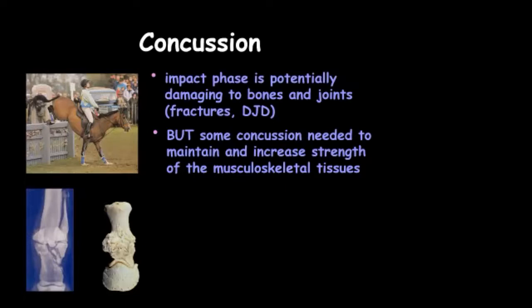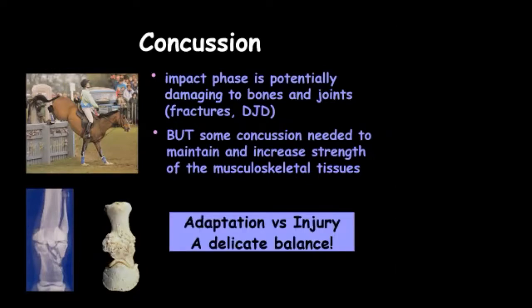And then the other photo here is a sport horse with a huge ring bone in the proximal interphalangeal joint. And you can see from the extent of that new bone and the way it crosses the joint that it is going to completely ankylose that joint. So as I said, we have a very delicate balance between stimulating adaptation of the tissues versus causing injury.